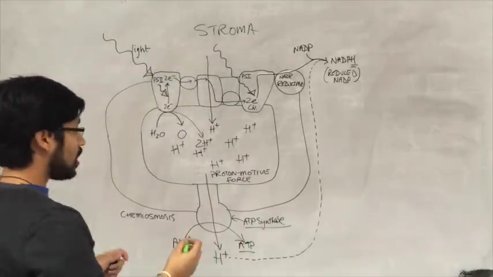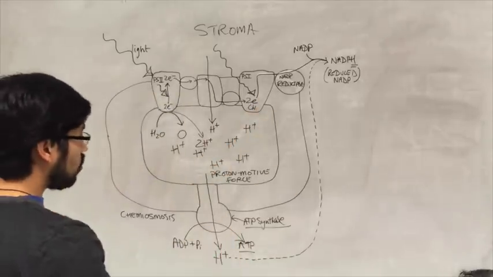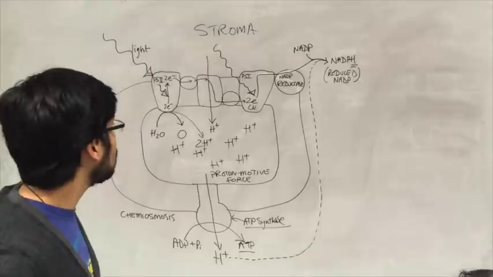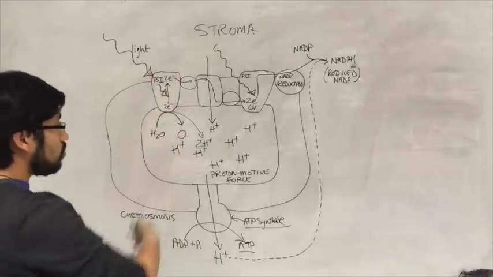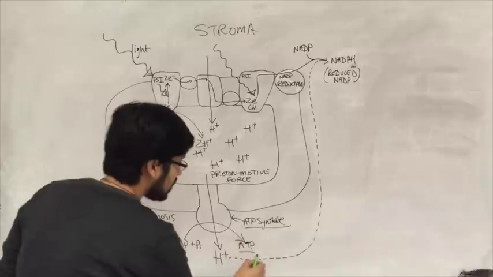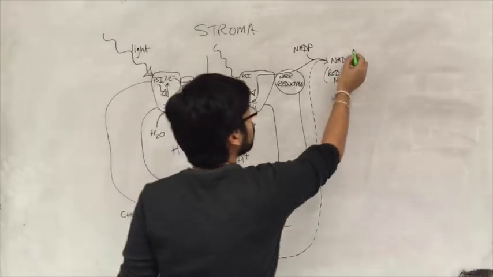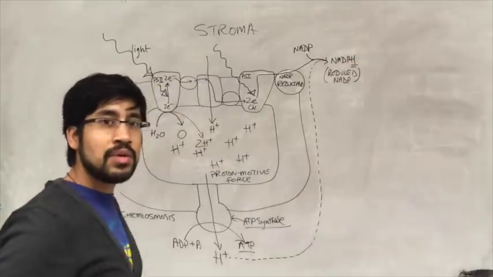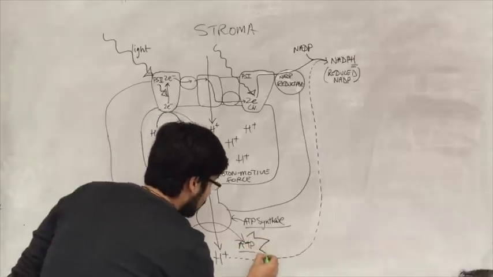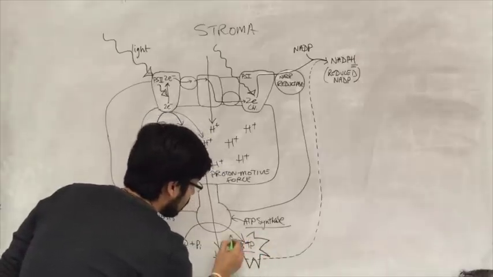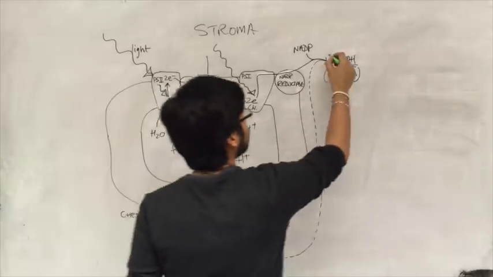So the observant of you will have noticed that we've already got the two things that we needed. We've used light, we've split water, we've generated ATP, we've also produced some oxygen, and we've also got our NADPH. All right, so at this stage I'm going to highlight the two important products of this process.